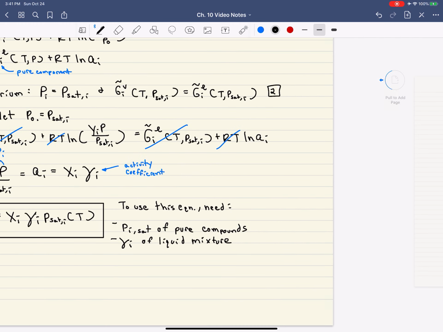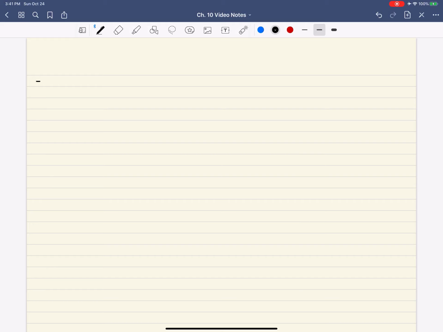Now, if we're dealing with an ideal solution, for an ideal solution, the partial molar Gibbs excess, by definition, would be equal to 0.